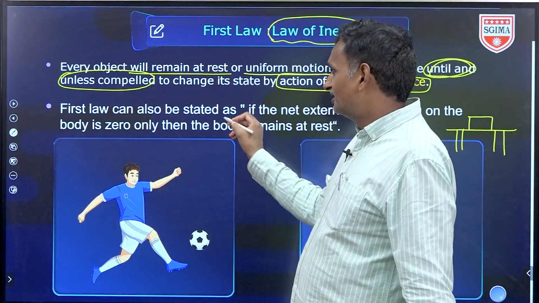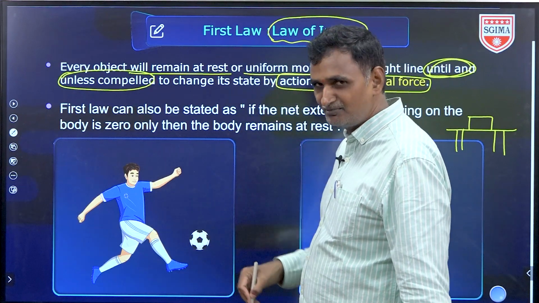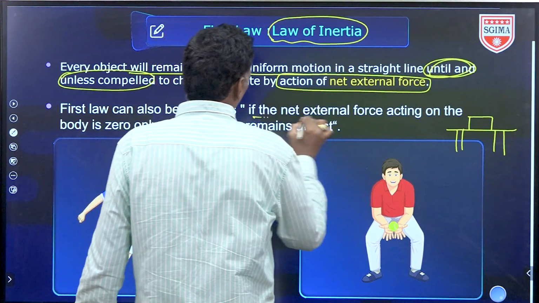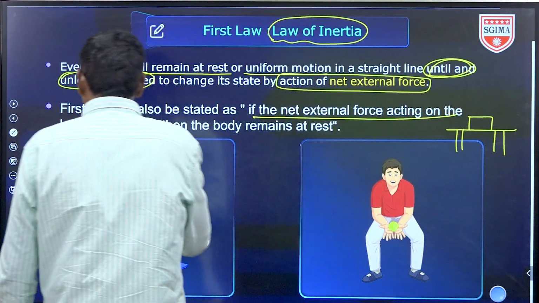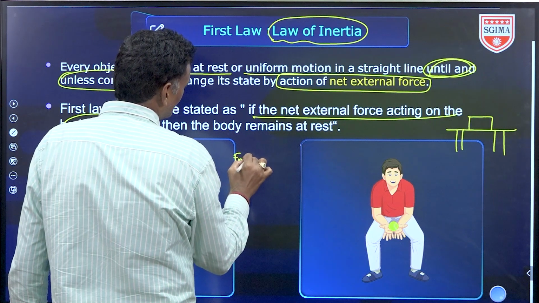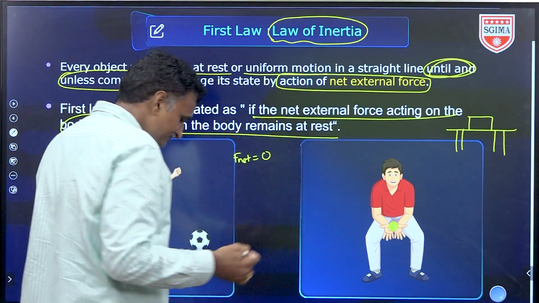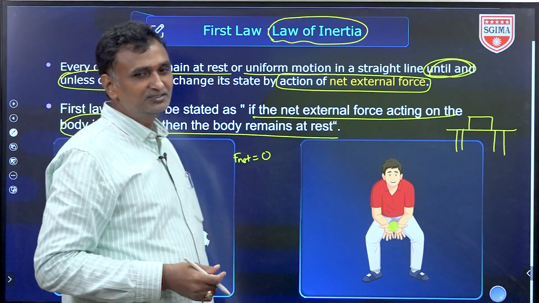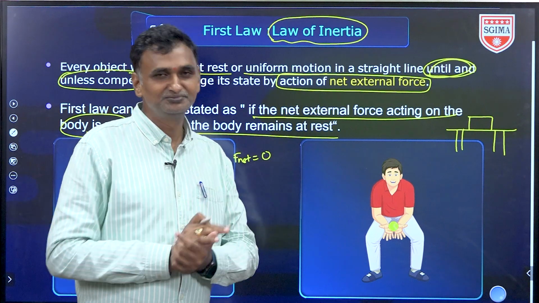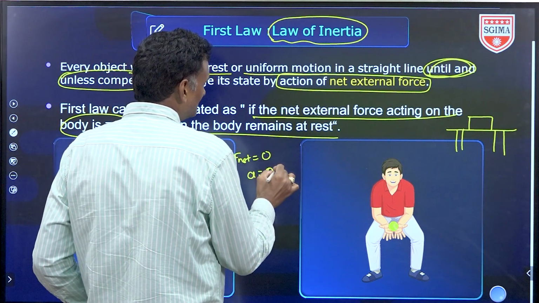So next, the first law can also be stated as, what is the actual meaning of this statement? We can learn in the second point. If the net external force acting on the body is 0, which means F net acting on the body is 0, then the body remains at rest or moving with a uniform motion. The object's acceleration must also be 0.